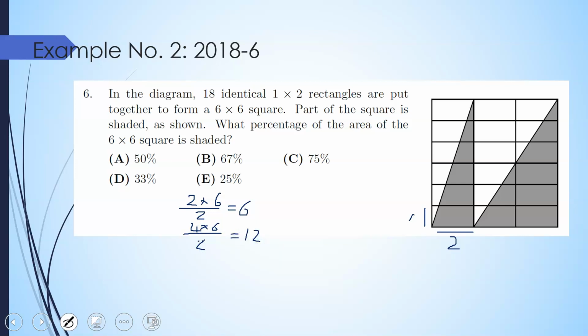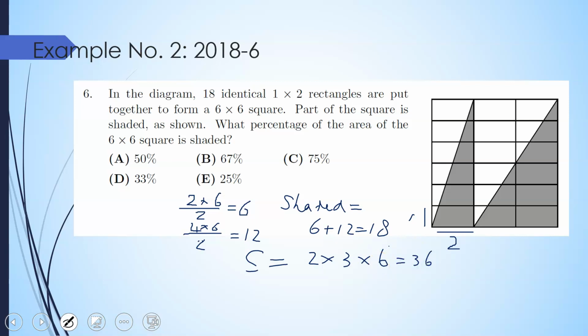Now let's add up the shaded area. The shaded area equals 6 plus 12 equals 18. The total square equals 6 times 6, that's 36.